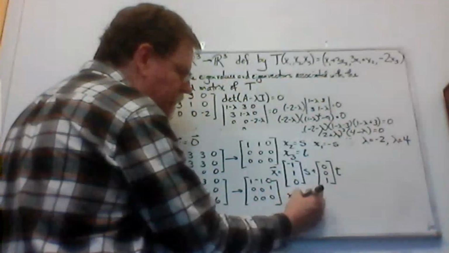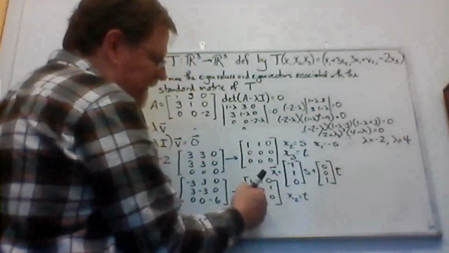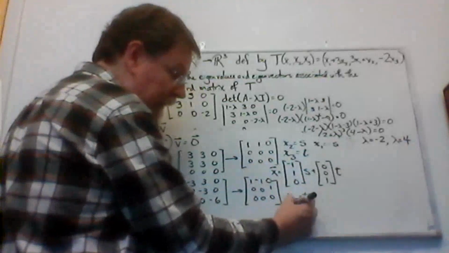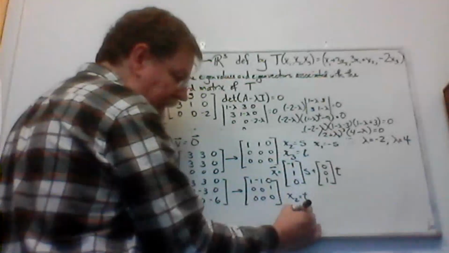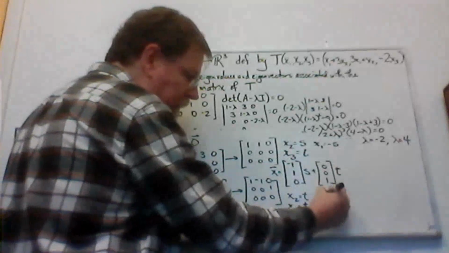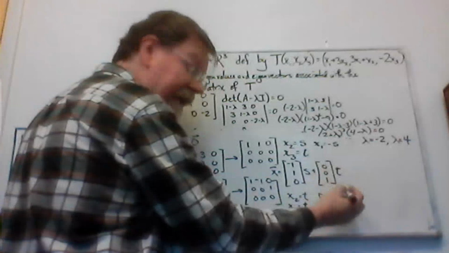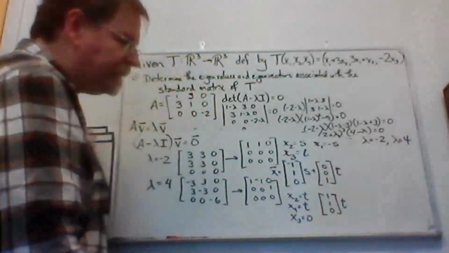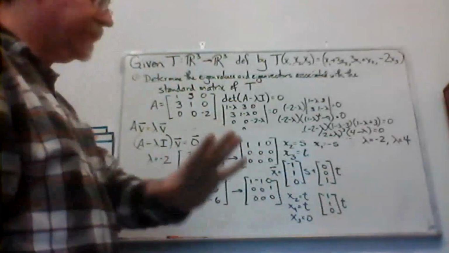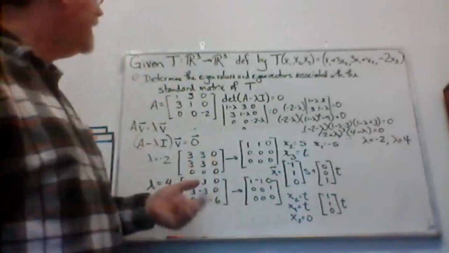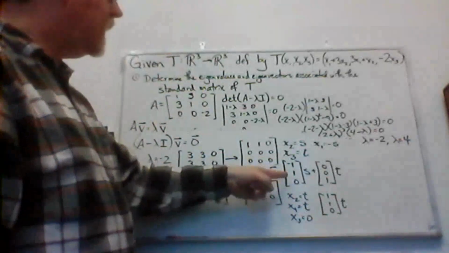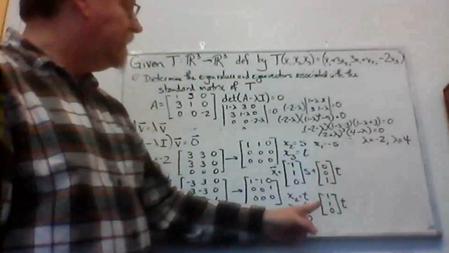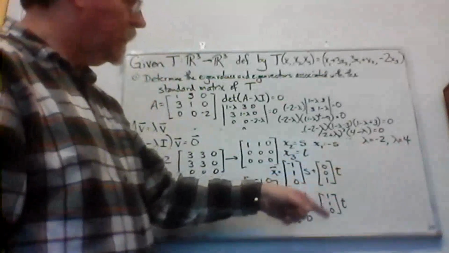So x2, we'll let that be t. Then x1 minus x2 has to equal 0, so x1 has to also equal t, and x3 has got to equal 0. So the eigenvector that we get is 1, 1, 0 times t. So the eigenvectors that we have are -1, 1, 0 and 0, 0, 1 associated with lambda equals -2, and for lambda equals 4, we get the vector 1, 1, 0.